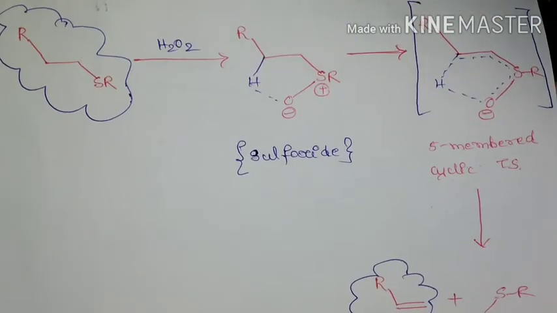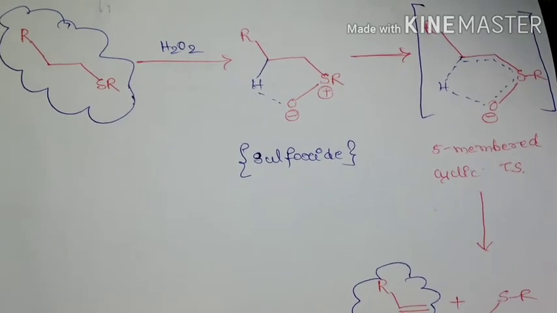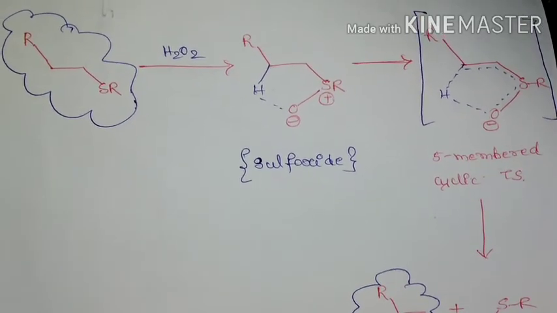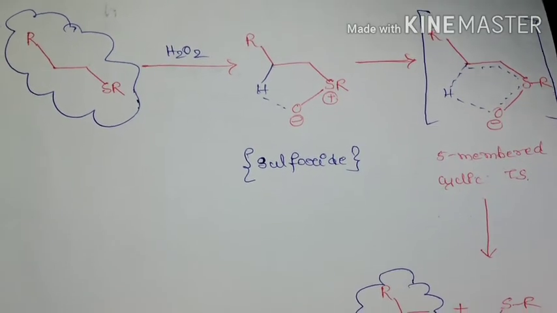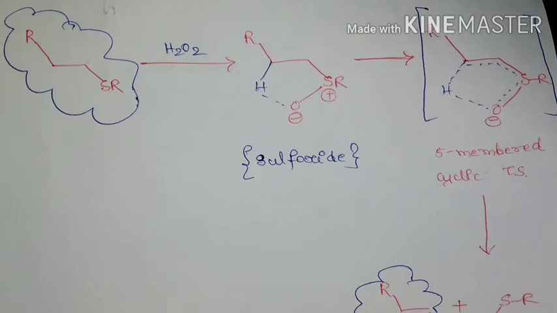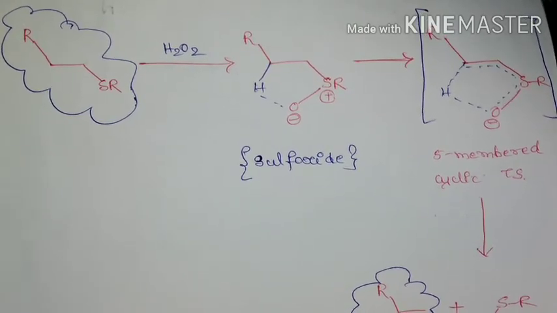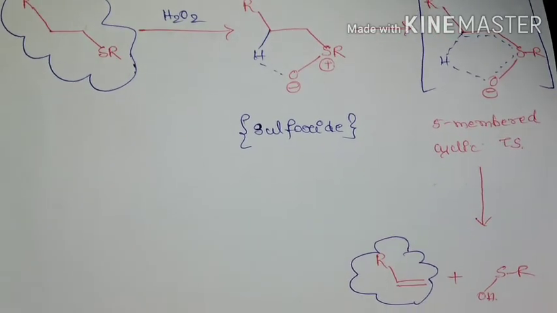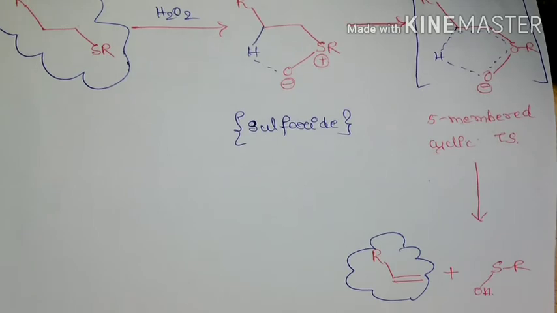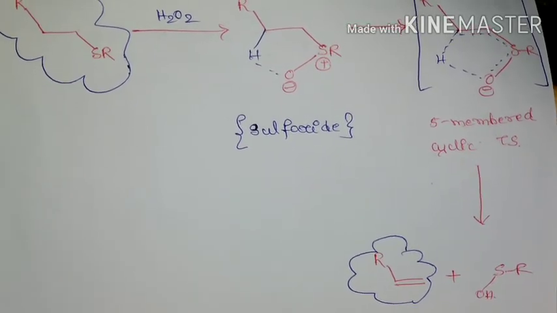Similar to amines, if we take a sulfur-containing compound and it undergoes oxidation, it forms a sulfoxide. This sulfoxide, similar to amine oxide, undergoes syn elimination via a 5-membered cyclic transition state, which finally collapses to give alkenes.